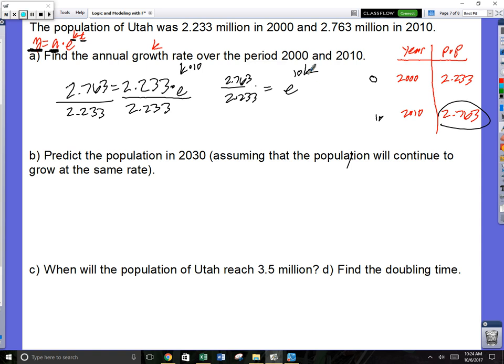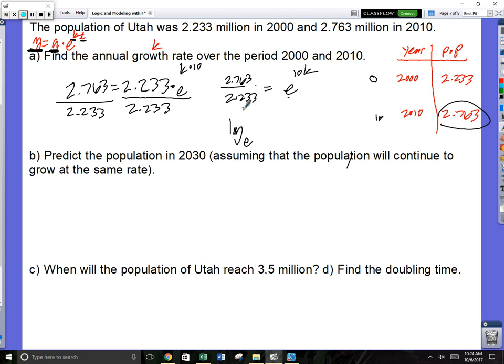Now, I gotta ditch the 10. Before I ditch the 10, I gotta undo the e, and the only way to undo this is a log. So let's morph this to its logarithmic value. So your log is gonna be in base e, so that's the base, and this is what I'm gonna take the log of.